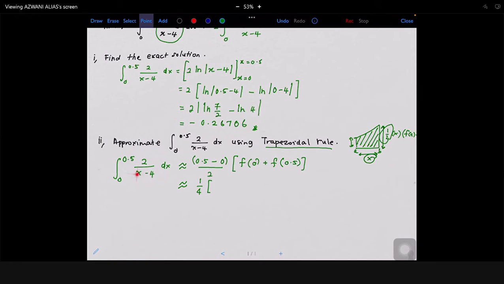So, ganti x ni kat 0, you akan dapat 2 over negative 4. You akan dapat negative half. Okay, plus ganti 0.5 ke dalam function of fx tersebut. You akan dapat negative 4/7. So, finally, you akan dapat negative 0. Berkira.